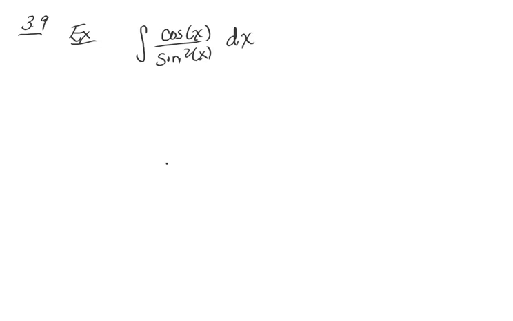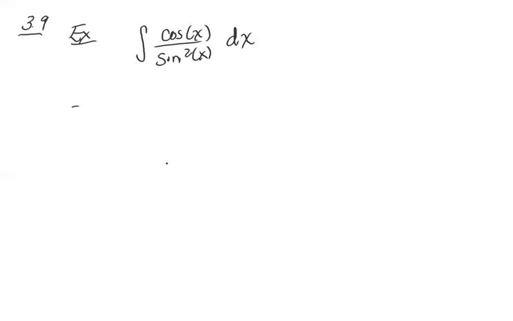Okay, I don't directly have a rule for that. So I need to somehow rearrange this so that it fits the form of one of the rules that I know.